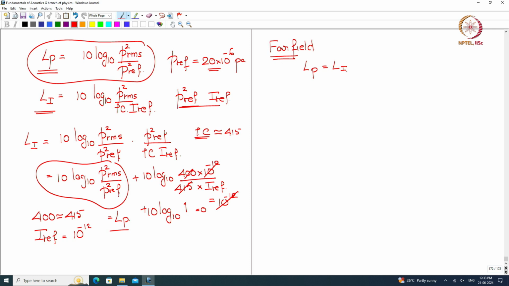This is a big jump in convenience, because earlier we said intensity requires 2 microphones.